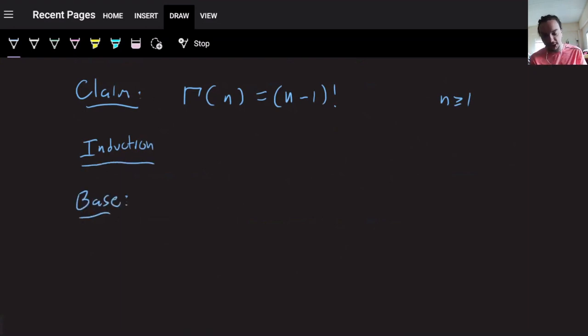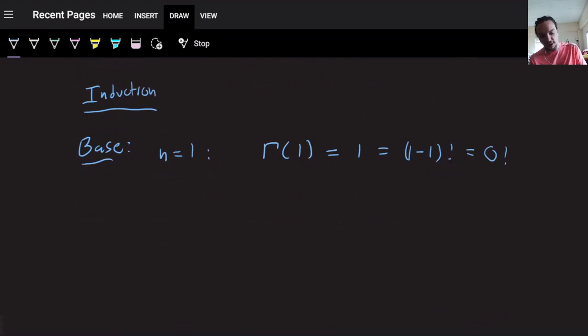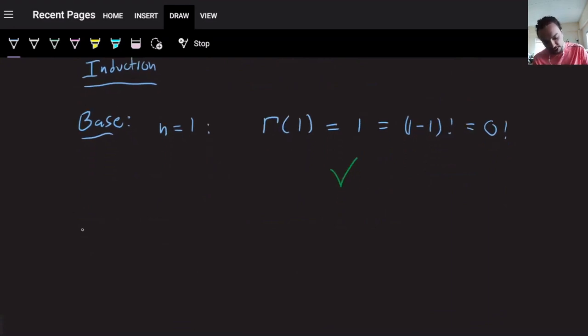Well, we'll start with the base case, n equals 1. In that case, we already showed that gamma of 1 is just equal to 1, but we also showed that that's equal to 1 minus 1 factorial, because that's 0 factorial. Okay? So we verified the claim in the base case, and now we need to do the inductive step.